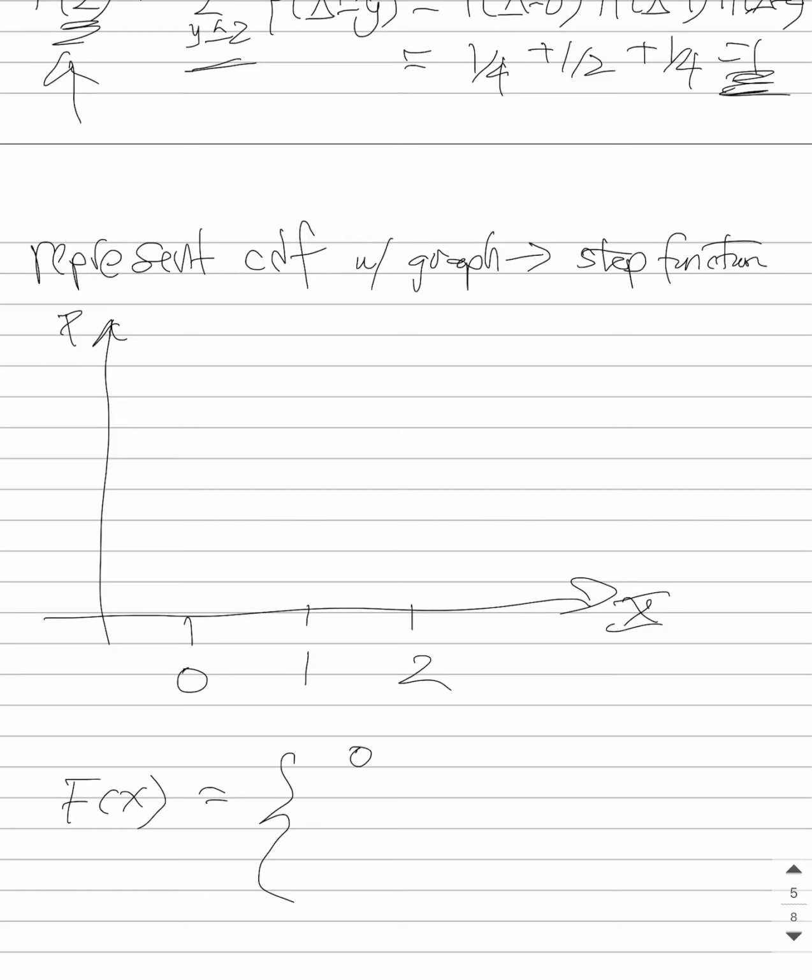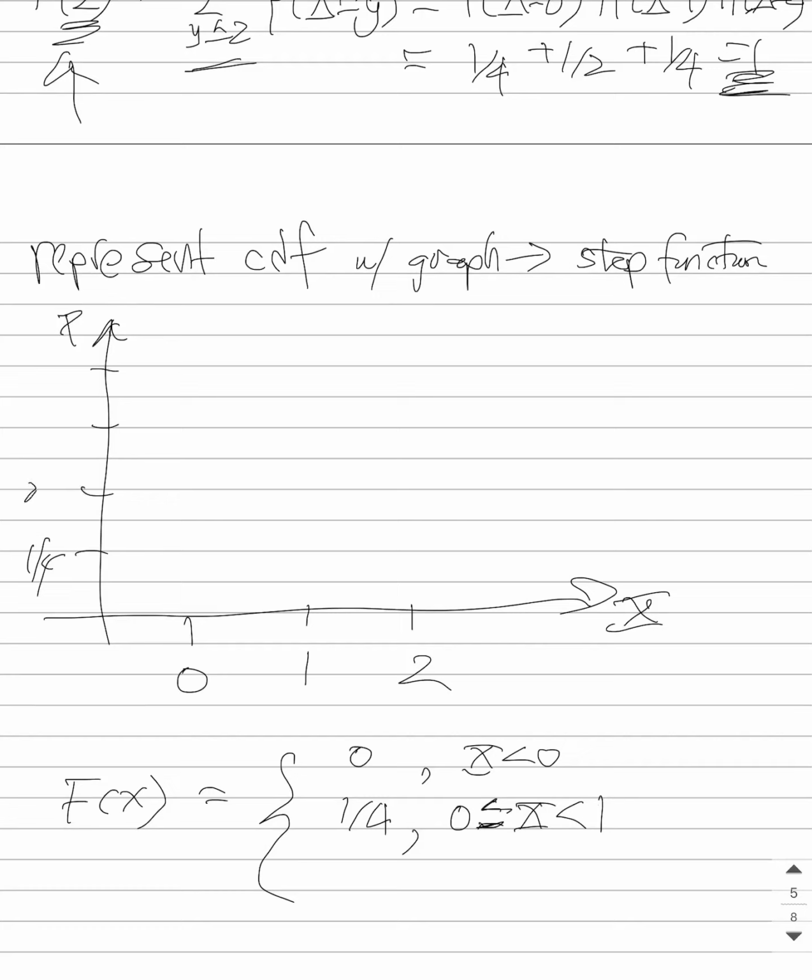We have no probability sucked up by our vacuum cleaner when we are less than 0. We suck up the probability for the first instance when this random variable is greater than or equal to 0, but strictly less than 1. So that means 1/4 here, 2, 3, and 4.